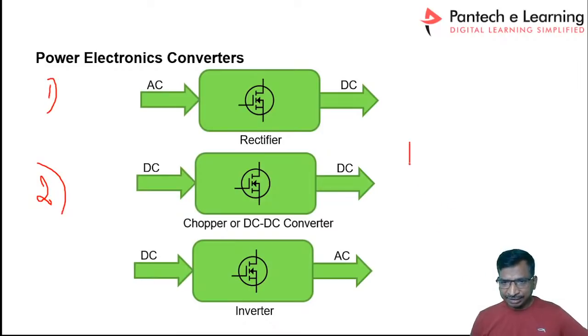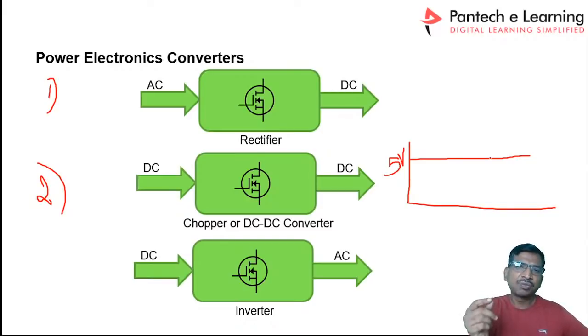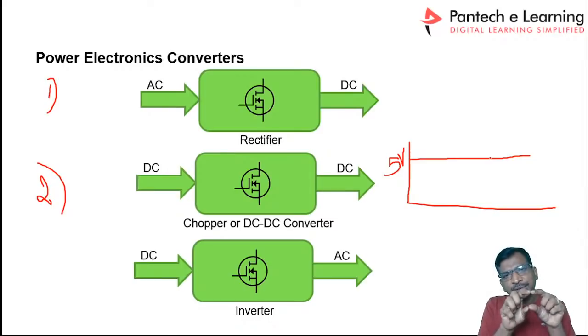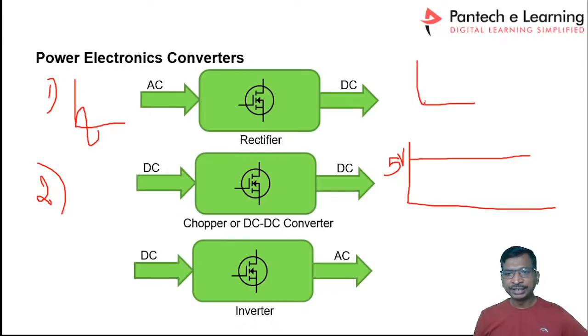See here, let us take that you need exactly 5 volts. There should not be even 0.1 volt of ripple available. It must be exactly 5 volts. Whereas in the AC to DC rectifier, the input voltage will be AC and the output voltage will be DC.